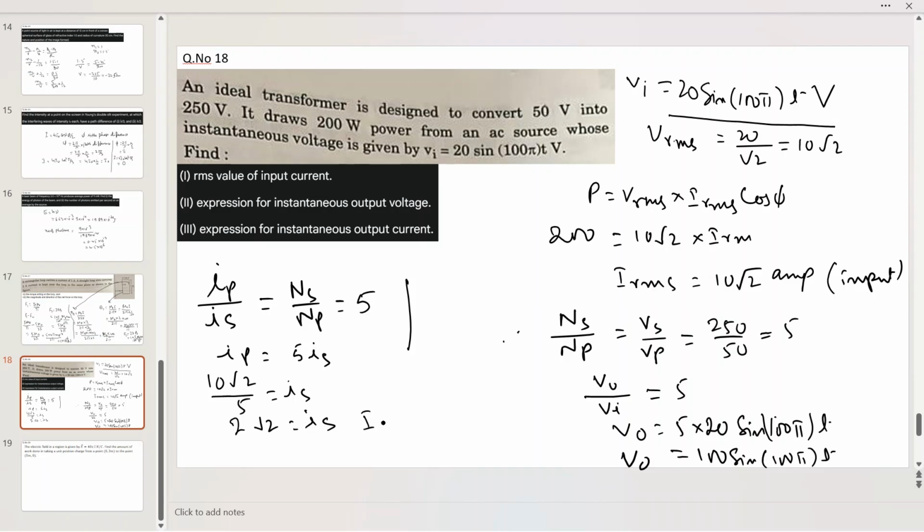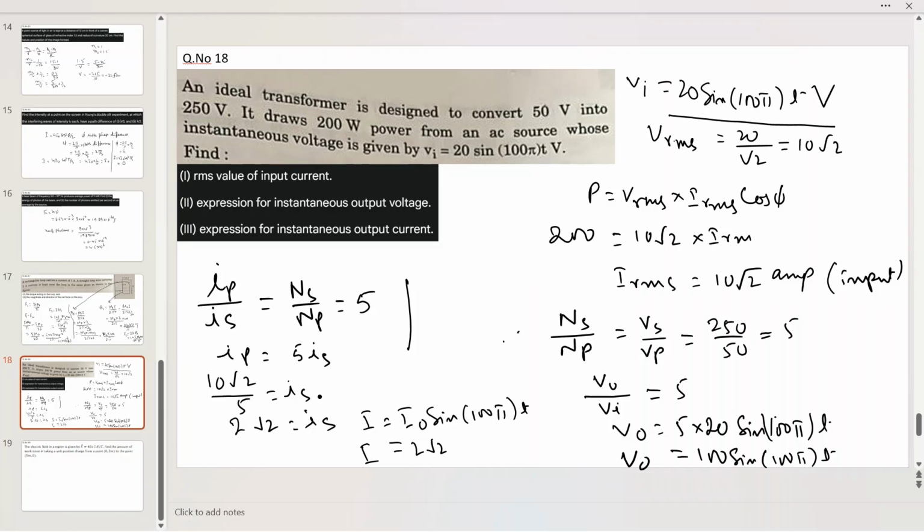So I will be equal to I naught sine omega t, that is 100 pi t. Your I naught is how much? That is 2 root 2. This is the output current.